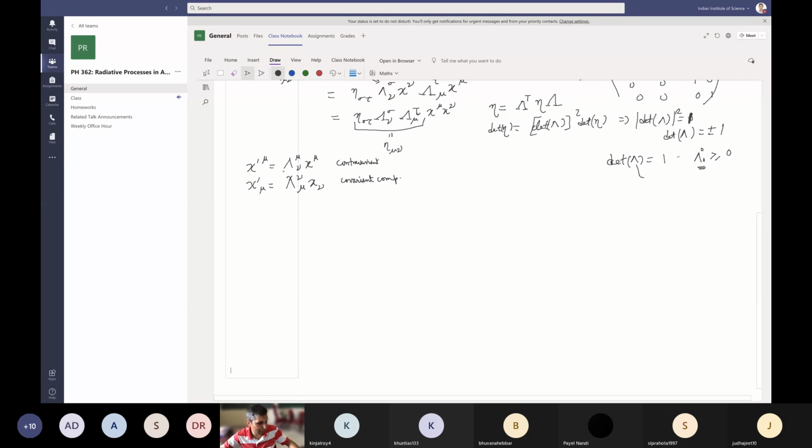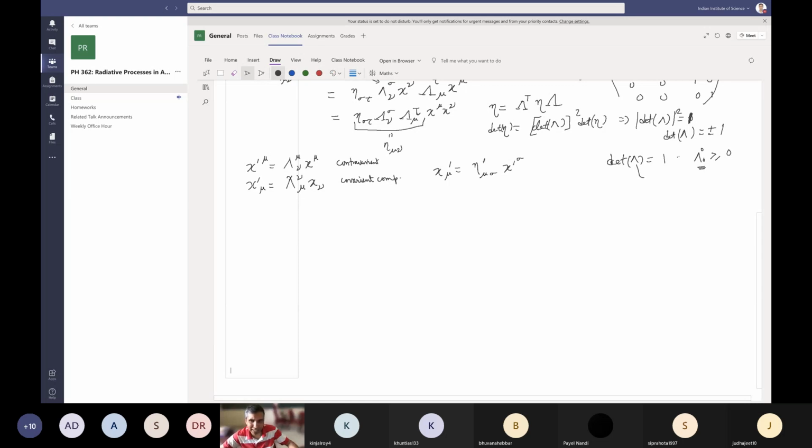How can we relate lambda and lambda tilde? We can do that by recognizing that eta is the lowering parameter. So let's see, x mu prime equals eta mu sigma x prime sigma, right?